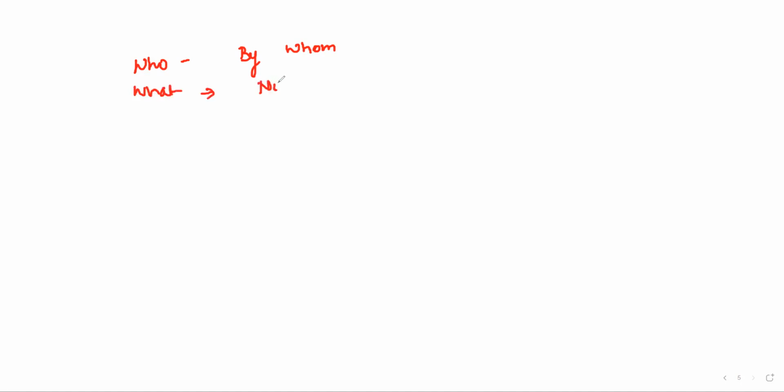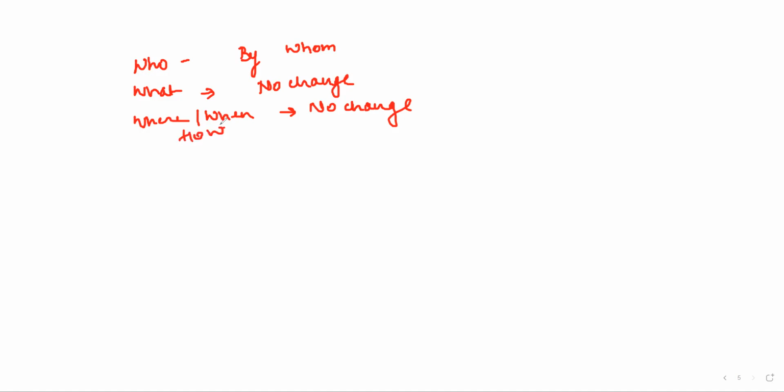If there is the word what in active voice, usually you don't find any change. Similarly, when and where also not much change. How, if it is in the beginning, it might come in between, but it will remain how only. So there is no change as such in where, when, and how.